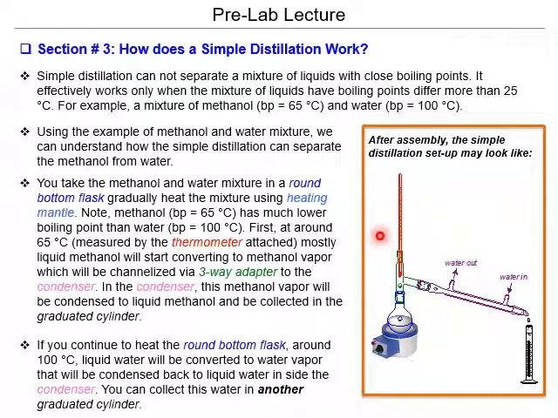But if you continue the heating step, at a temperature around 100 Celsius the water will start to evaporate and go through the condenser. It will condense and convert to liquid, and you can collect the pure water. So the liquid you collect at around 65 Celsius is methanol, and the liquid you collect at around 100 Celsius is pure water.